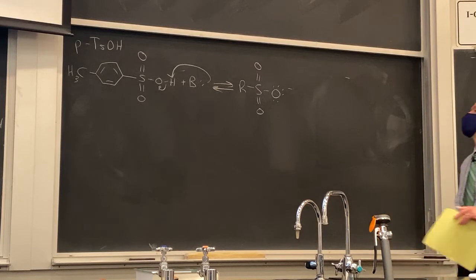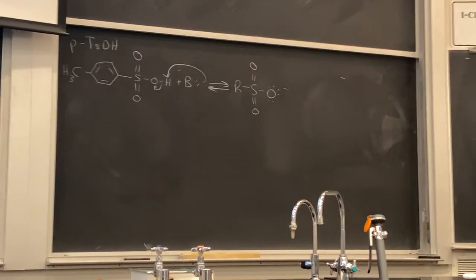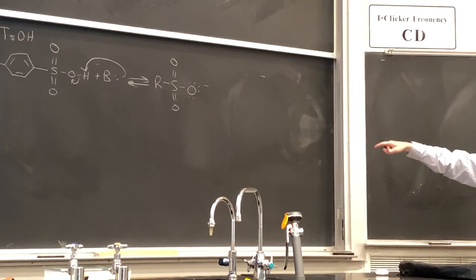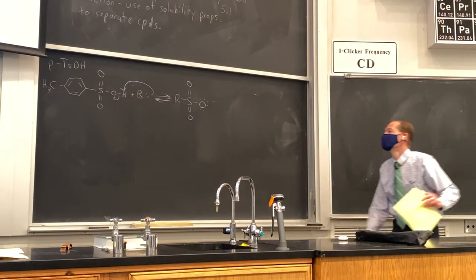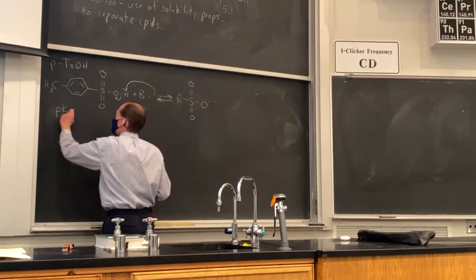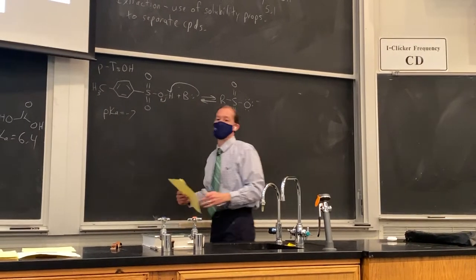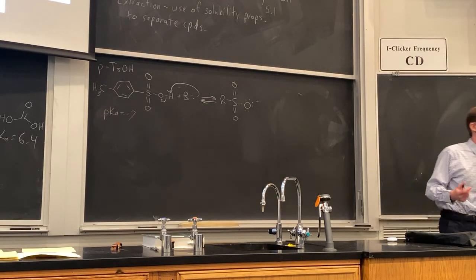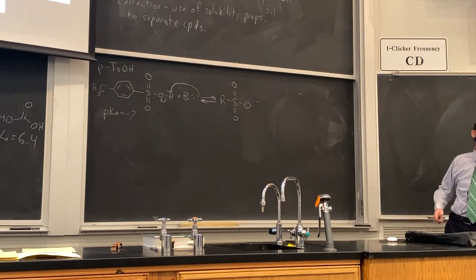So here's our conjugate base of toluene sulfonic acid. Toluene sulfonic acid is a strong acid. pKa is -7. So you're talking about between 11 to 12 orders of magnitude more acidic than a carboxylic acid.